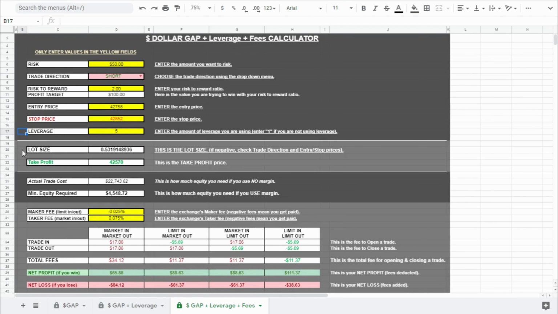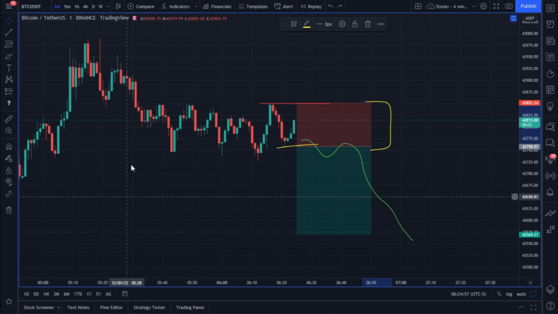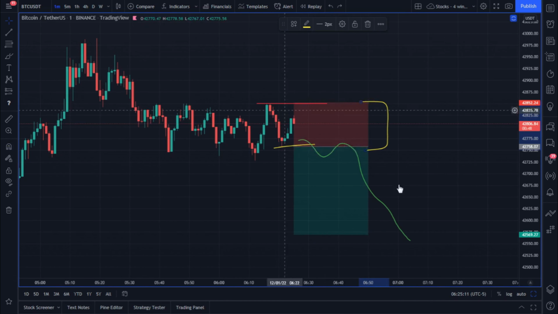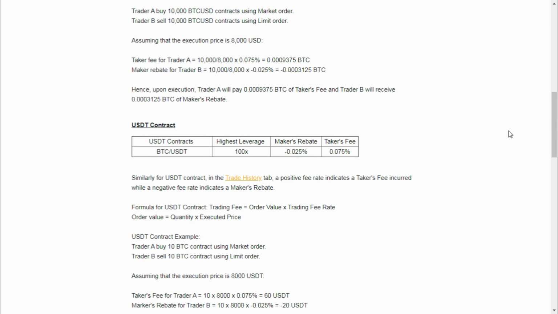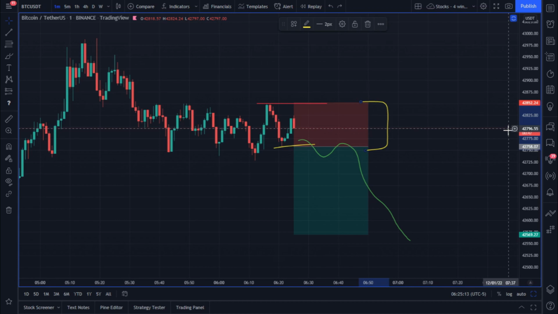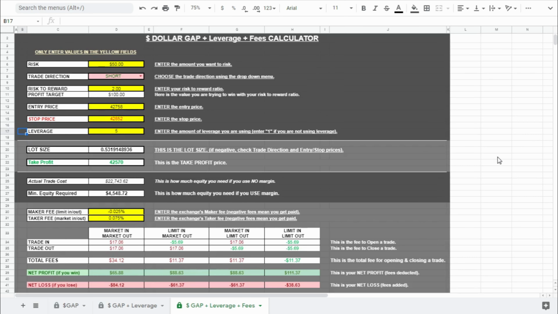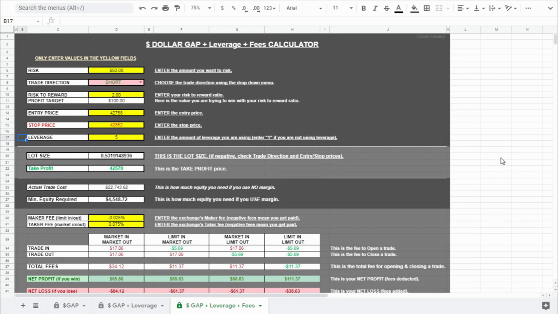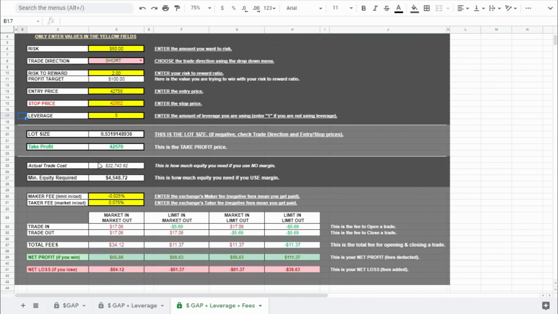All right. So now, because the movement we're playing with is so much smaller, the first thing you need to be aware of is the trade is going to cost $22,743.